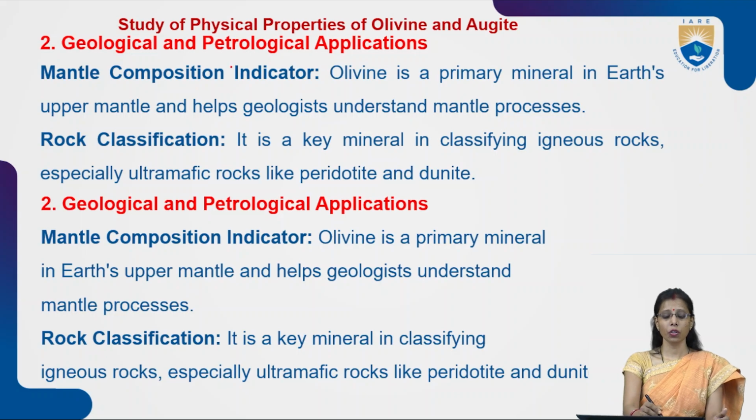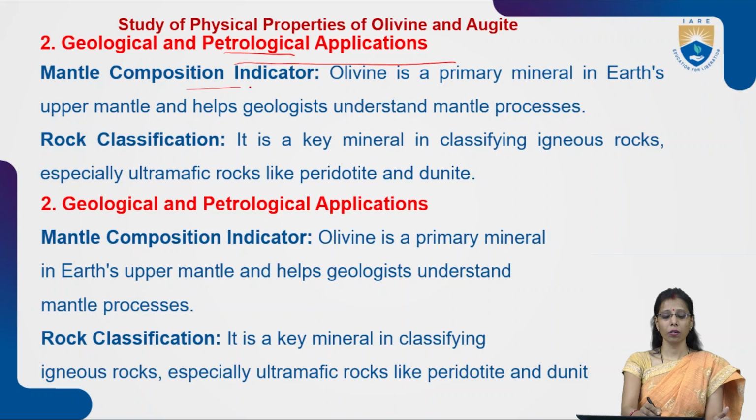Now, if you talk about the geological and petrological applications, olivine is a mafic mineral, found in mafic kinds of rocks. Petrological means we are going to talk about rocks here.